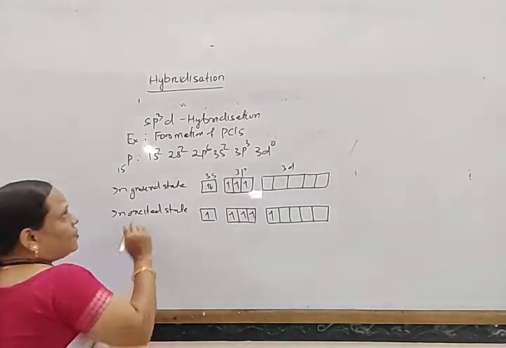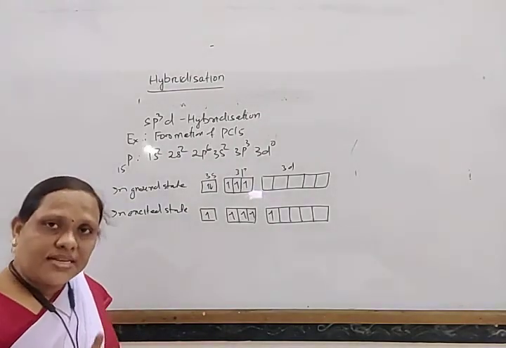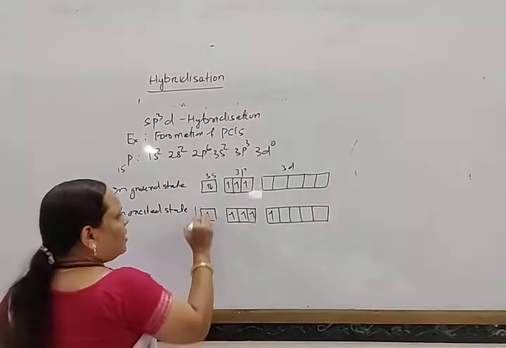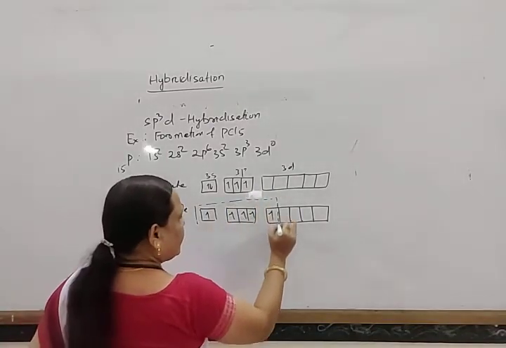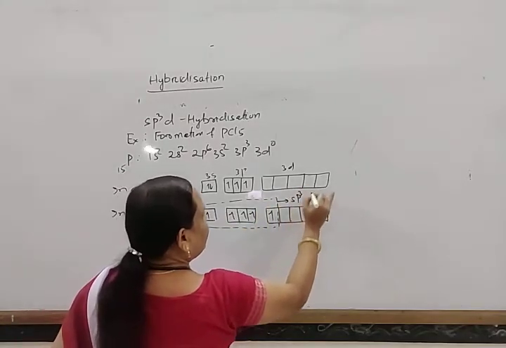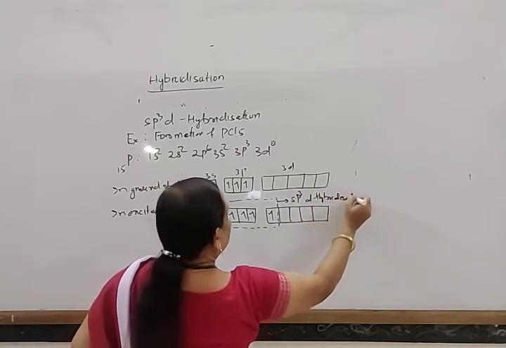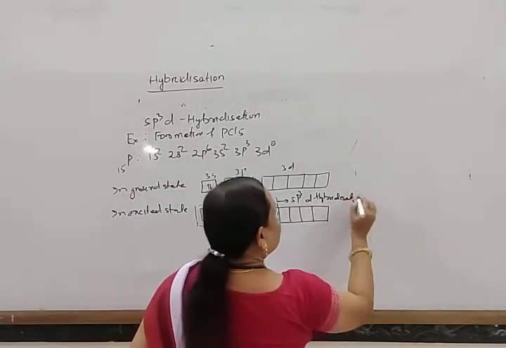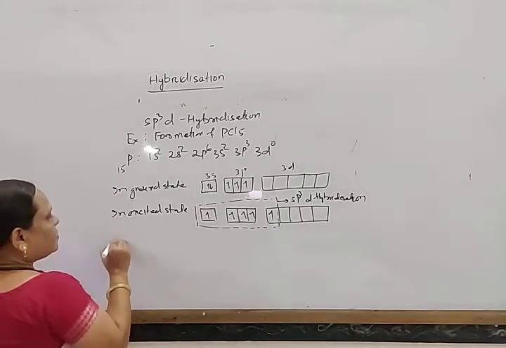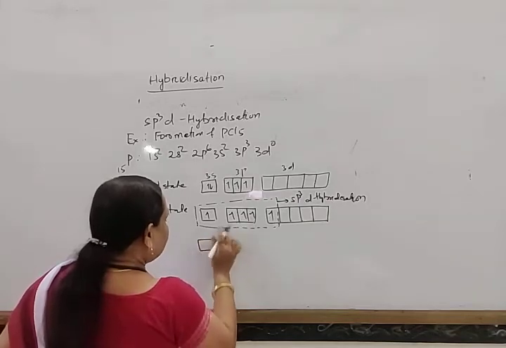Now, when it forms PCl5, chlorine also has one unpaired electron in its 3pz. So phosphorus undergoes sp3d hybridization.